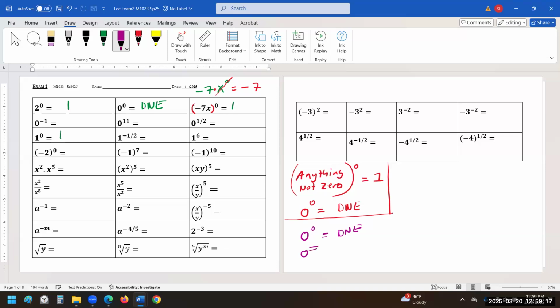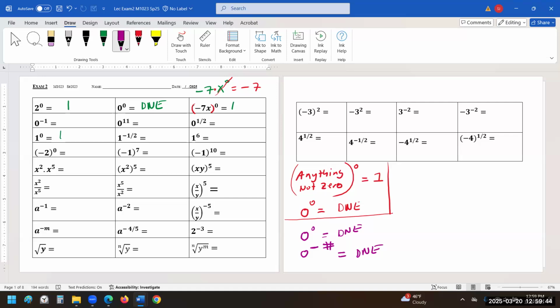And what is 0 to any negative number? Any negative number, it's DNE, because negative power is a fraction. So we have something over 0. We don't know how to divide by 0, so it doesn't exist.